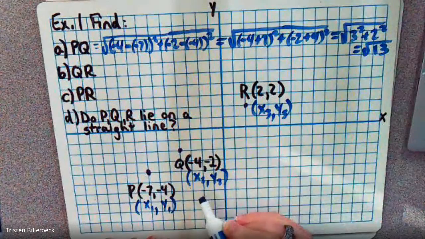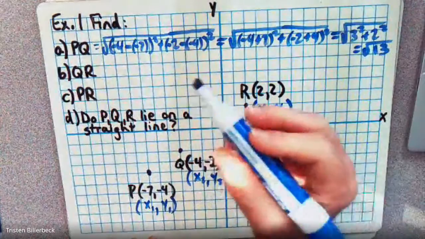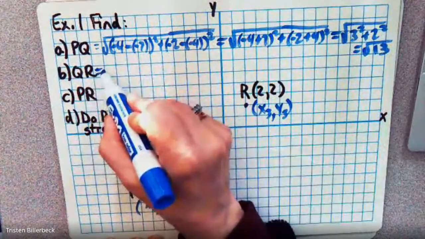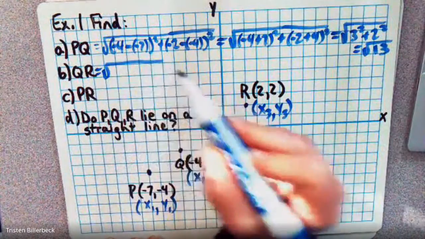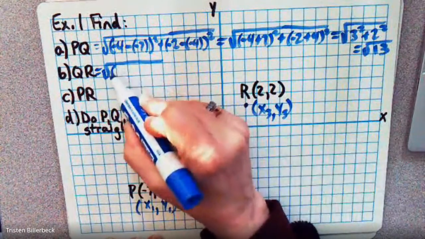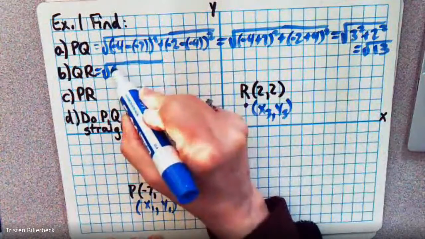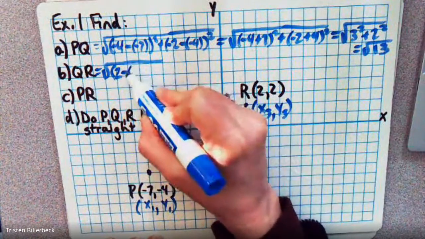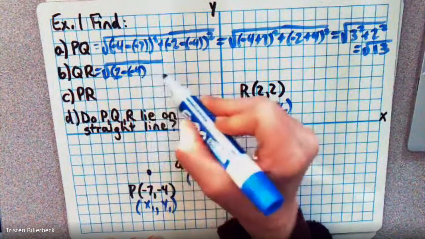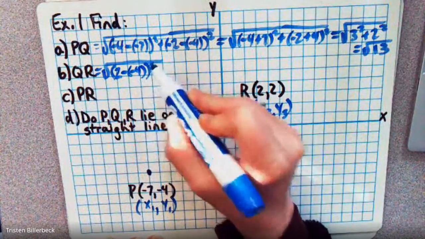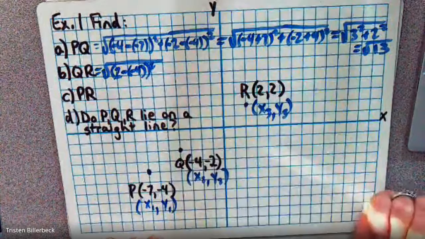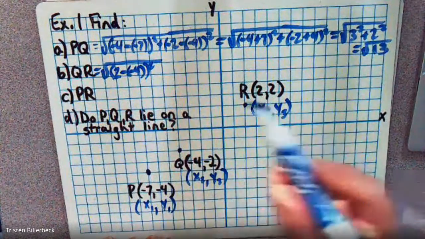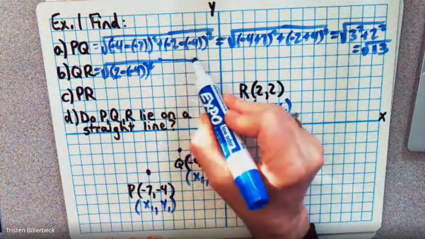Okay, so QR would then be the square root, and we're going to do x3, which is the 2, minus -4. Now it doesn't matter which one goes first on the x's because I'm squaring it. So it doesn't matter. The negatives are going to go away. Okay, what does matter is I can't mix an x and a y.